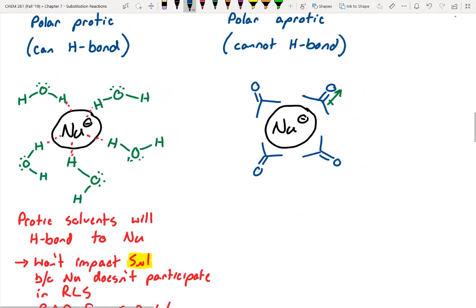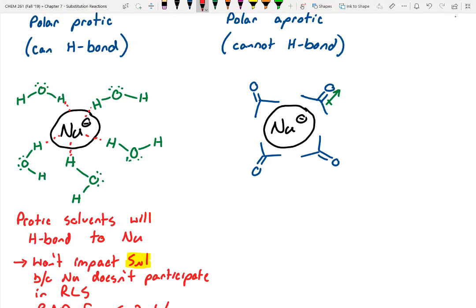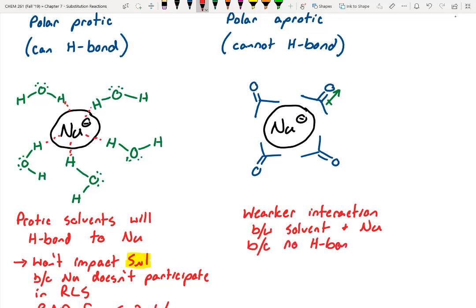All right, so in this case, there is a weaker interaction between solvent and the nucleophile because no H bonding can occur.